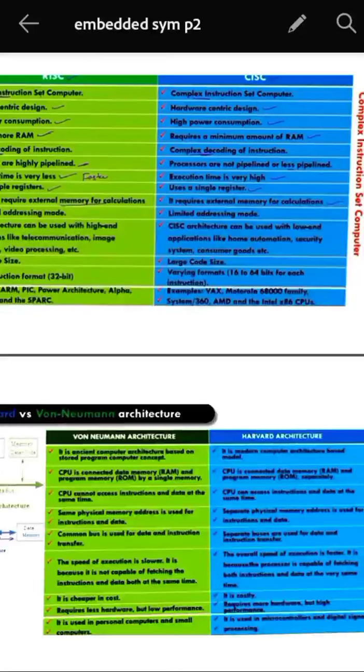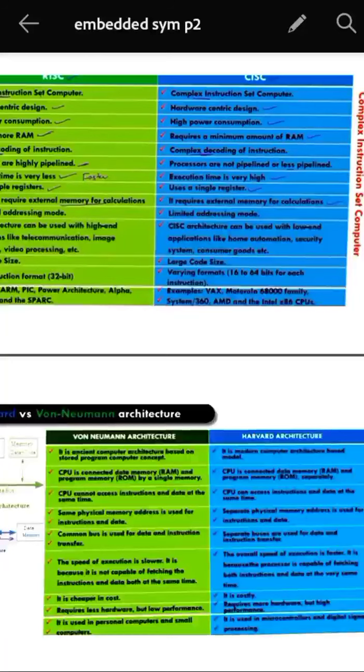In von Neumann, the CPU is connected to data memory and program memory by a single memory, whereas in Harvard, the CPU is connected to data memory and program memory separately. The CPU cannot access instruction and data at the same time, but in Harvard it accesses instruction and data at the same time.